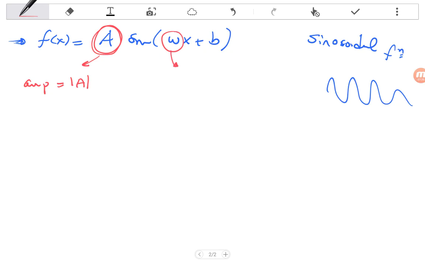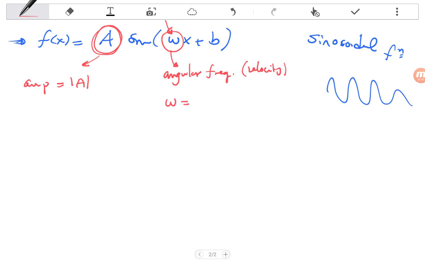This is called the angular frequency, or sometimes angular velocity, which is the coefficient of x. What is omega in general?